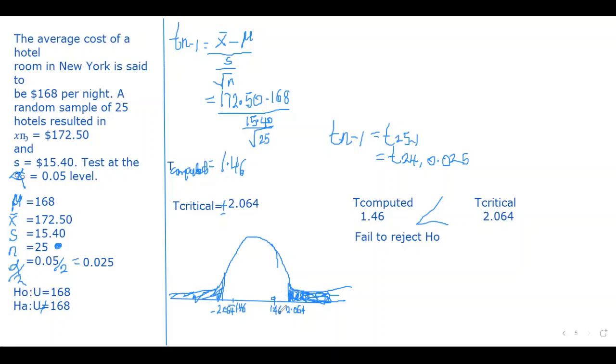So the 1.46, which is the t computed, is outside the rejection region. Therefore, we fail to reject. The same thing applies to the negative side. The negative 1.46 is not in the rejection region beyond negative 2.064. It means we fail to reject the null hypothesis. Right. So this is our two-tail test, done, upper tail and lower tail.